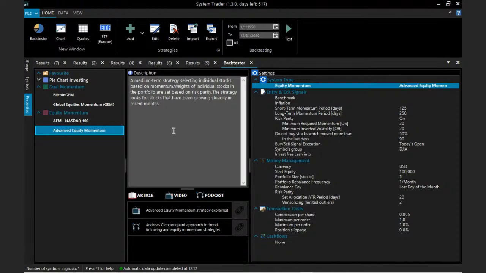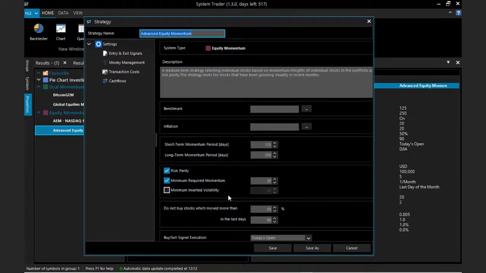And then, depending on how we configure the details of the strategy, it will pick up the stocks which have the strongest momentum, or in other words, the stocks which are growing, let's say, in a smoother way up, because we are also excluding the stocks which are going like a rocket to the moon, because they may be too volatile. But you can just play a bit with the settings here.